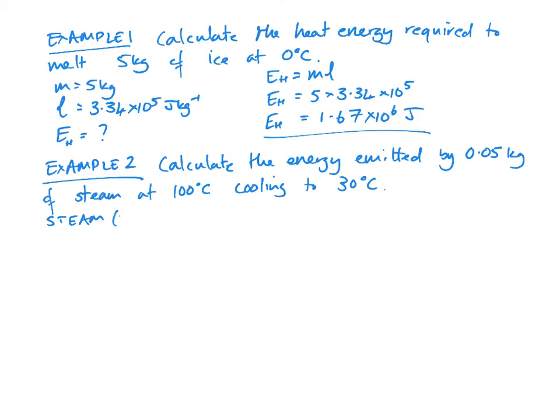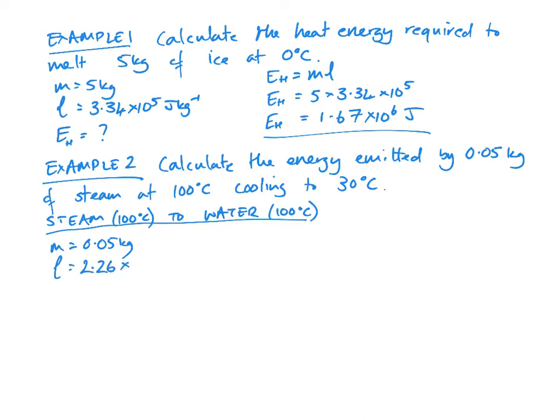So we start with steam at 100 degrees Celsius. Now it can't go down to 30 because the boiling point of water is 100, which means that steam can't exist below 100. So first of all, we've got to calculate the change of state from steam at 100 to water at 100. So that's our M. It's 0.05 kilograms. We look up the value of L for the change of state, specifically the heat of vaporization of water.